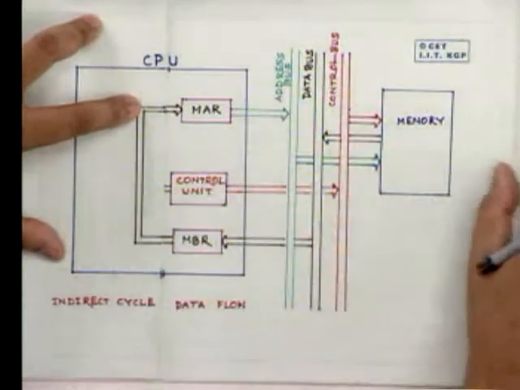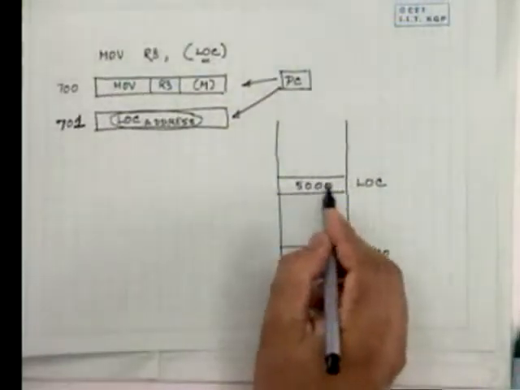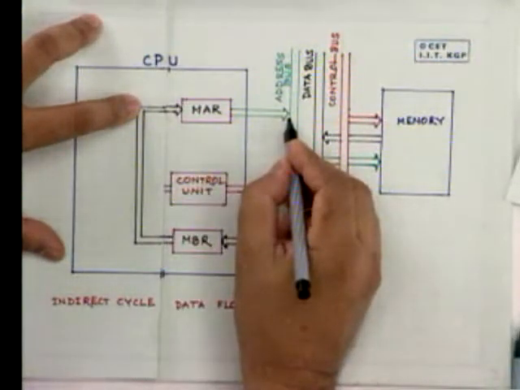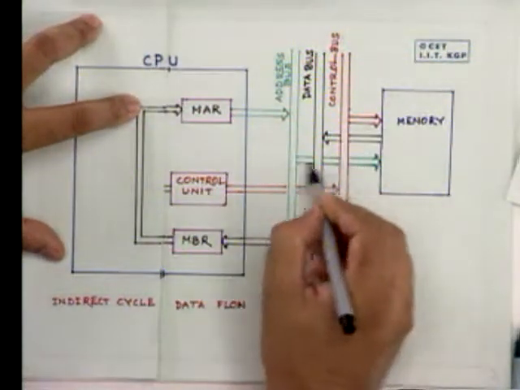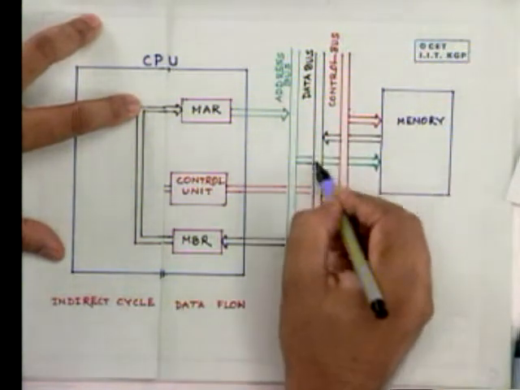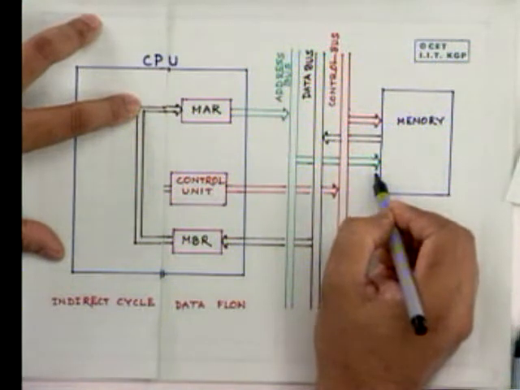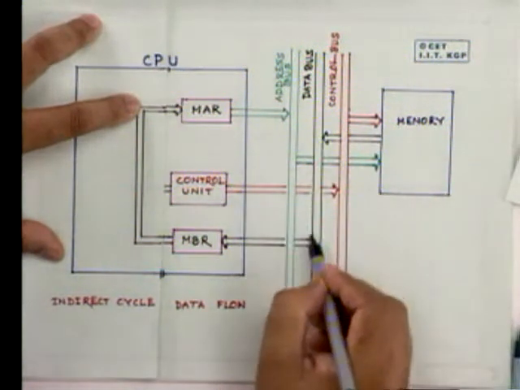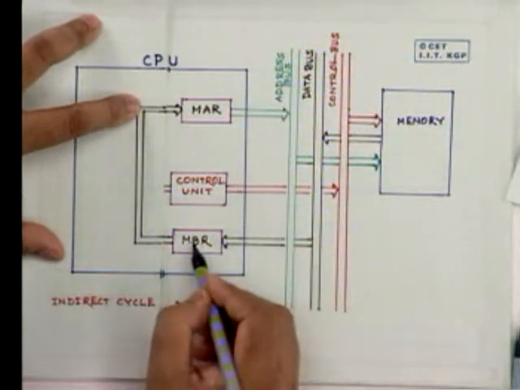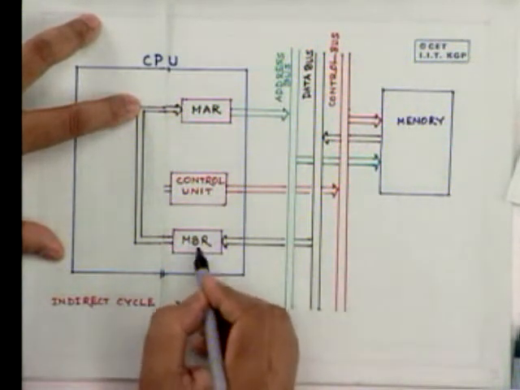That address 5000 is now thrown into the address bus. The data is collected from the memory because once more a memory read cycle is initiated, and that data comes to the MBR. Only then the operand is available at MBR.